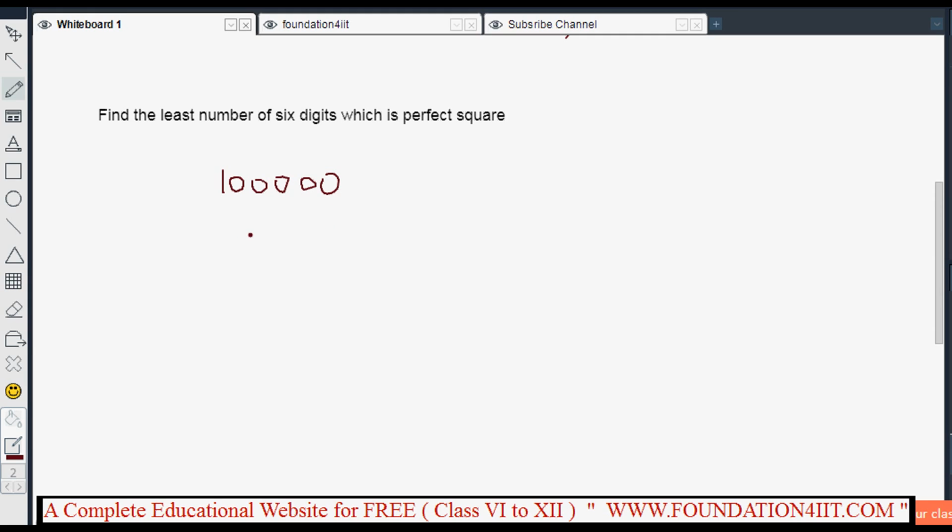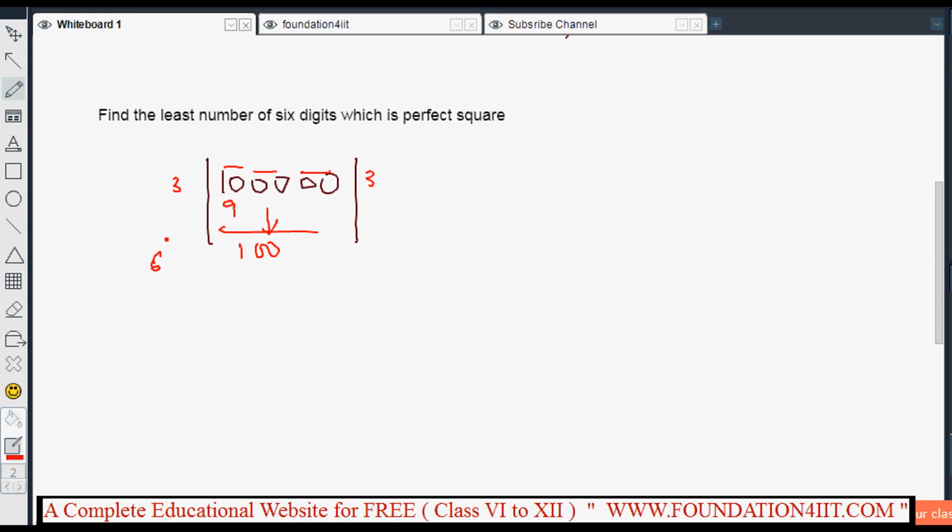Now let's find the square root of this. The method is same, from the right we take pairs. So 3 threes are 9. Subtraction is 1. Next take the 2 zeros as is. 3 doubled is 6. We should double it, 6.